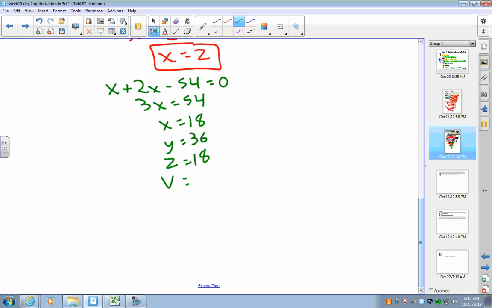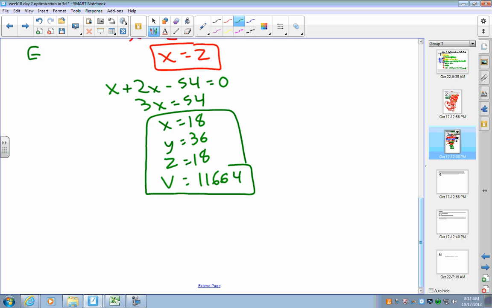And length times width times height gets me 11664 for my volume. Okay? Now, that was all of the evaluating part.